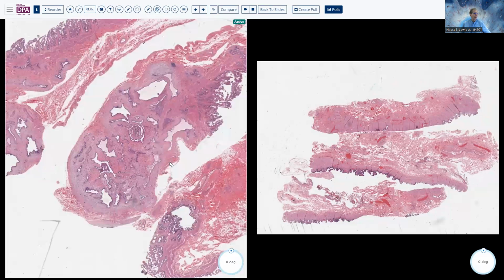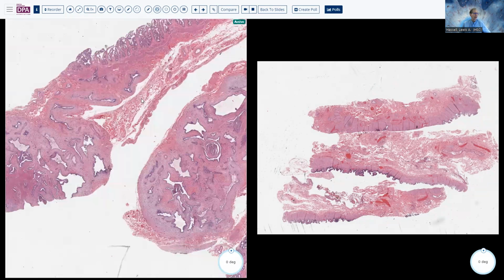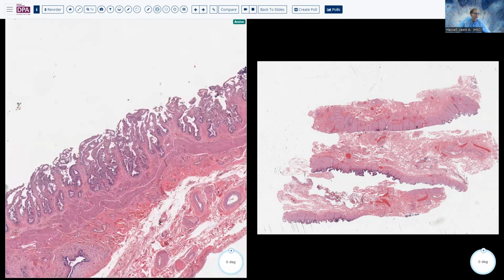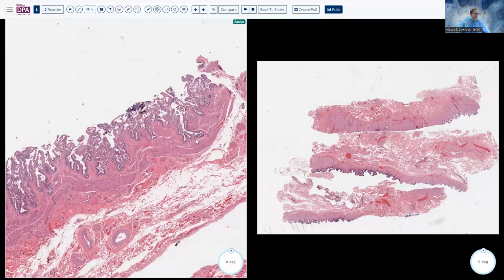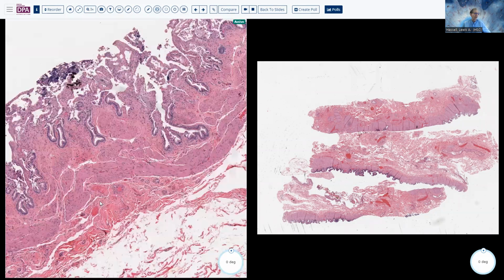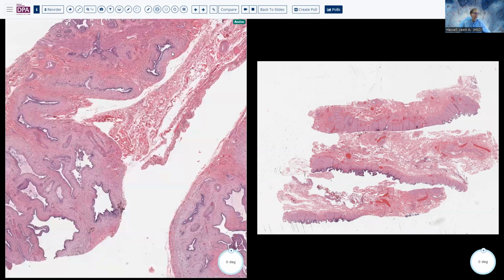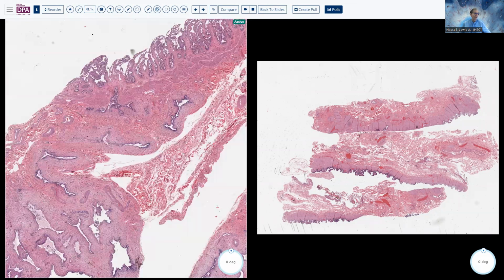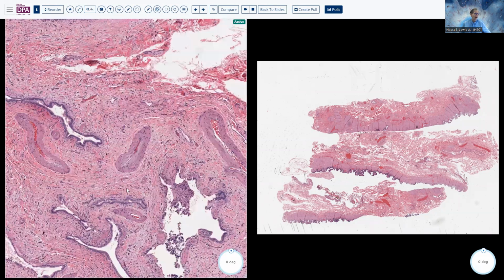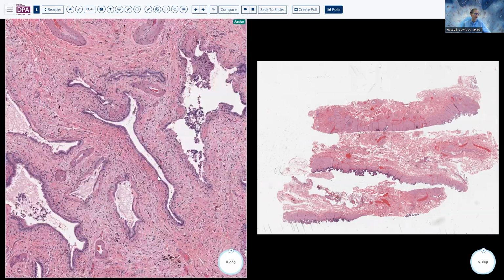Here's an example of adenomyosis, so you can get a feel for, here's the normal gallbladder mucosa, the muscularis, maybe a little bit of adenomyosis here, that extends down a little bit into the muscle. So you could call that adenomyosis, but an adenomyoma is when this becomes more serious and you develop more extension of the adenomatous epithelium.